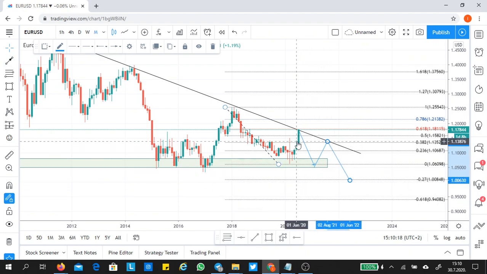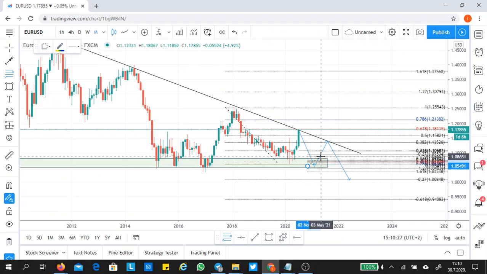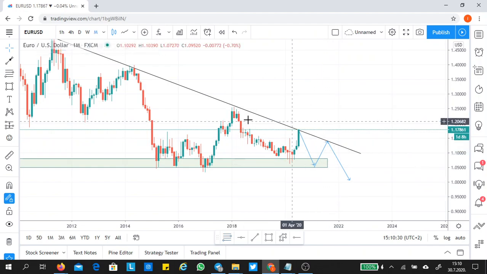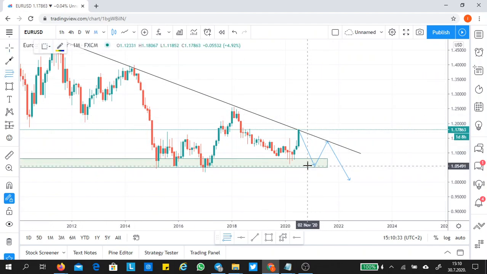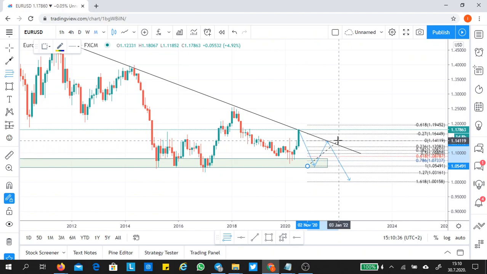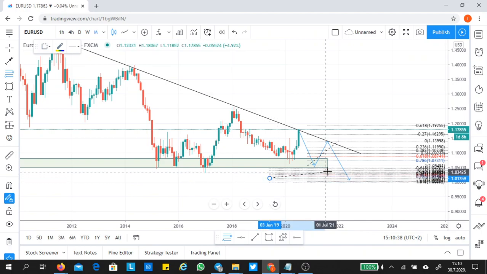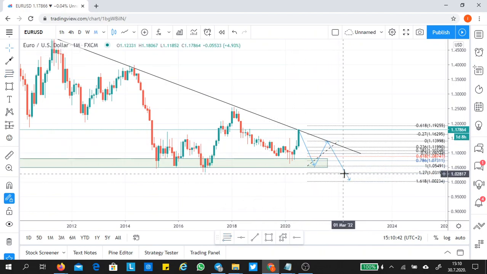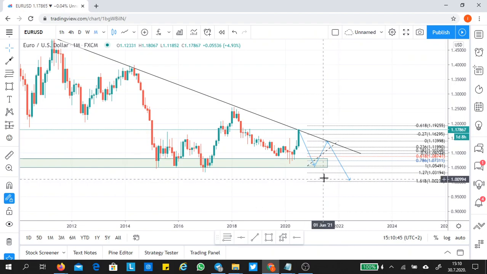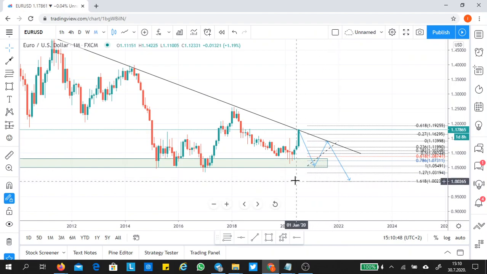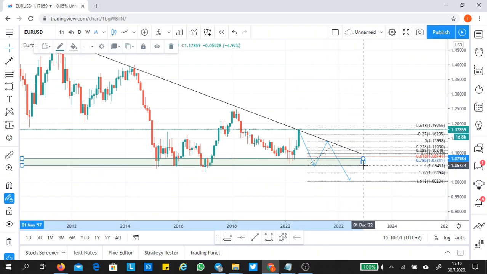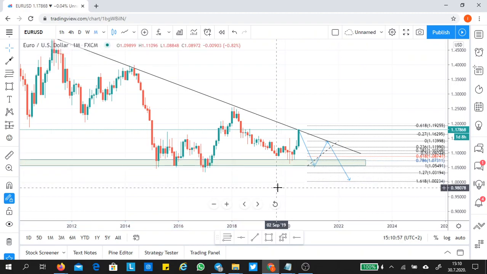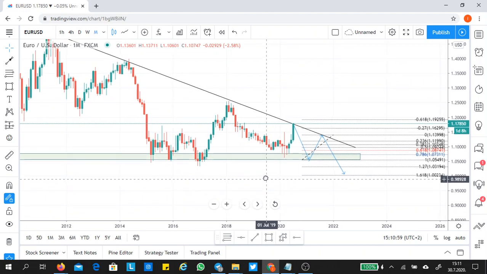If we see something like this, let's delete this one so it's not confusing. If we now make another Fibonacci here, we will see that the target is here, the 1.618 or 1.27, depends, but also it's a very strong support level, which needs to be taken into consideration as well.